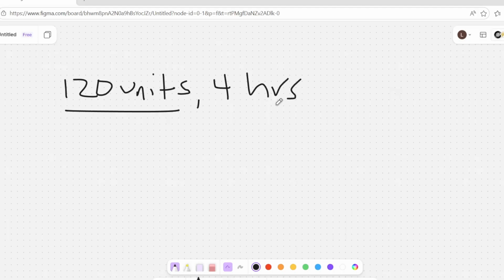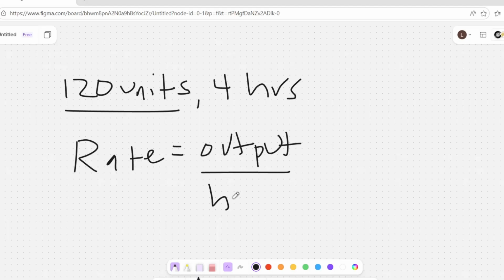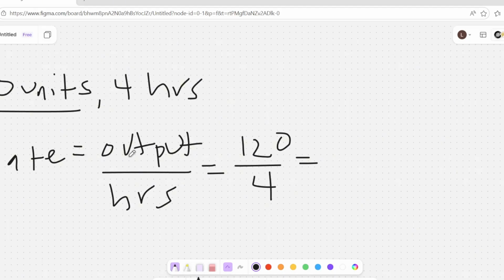So what we need to do is find the rate. The formula of rate is the output per number of hours it is being created. By directly substituting, the output is 120 units divided by the number of hours, 4. Simplifying this equation, we find that 120 divided by 4 is equal to 30.